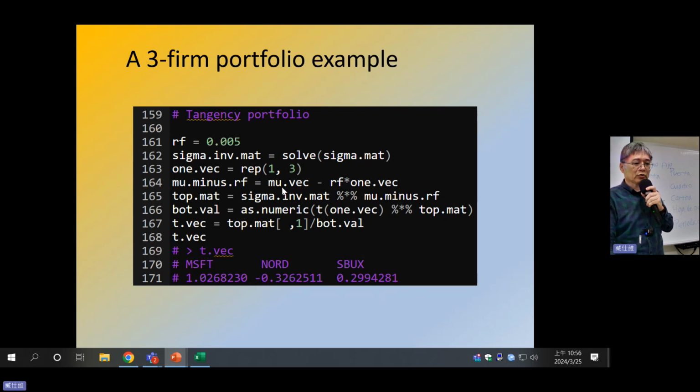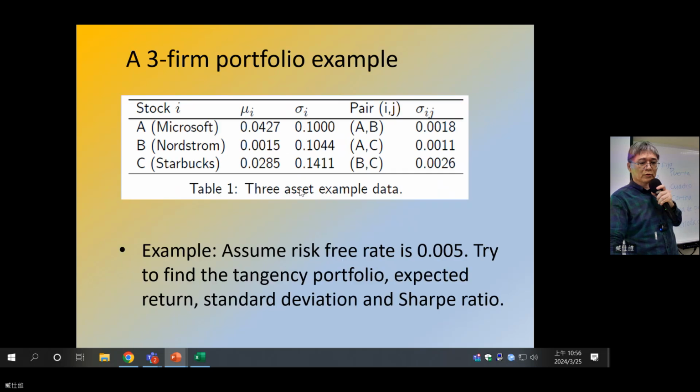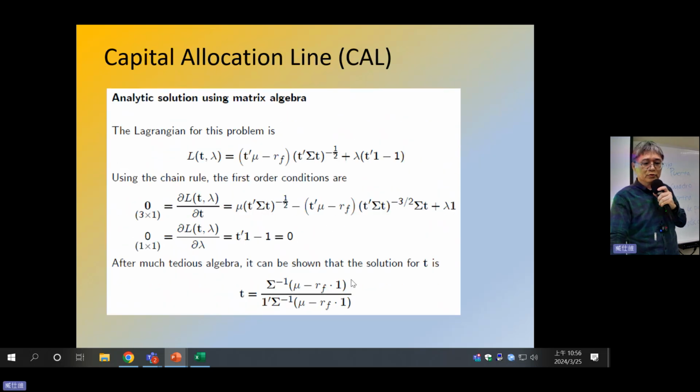Okay, that denotes the mu vector minus RF multiplied by one vector. So this part denotes this one, mu minus RF multiplied by one vector. Okay, so this denotes this part.